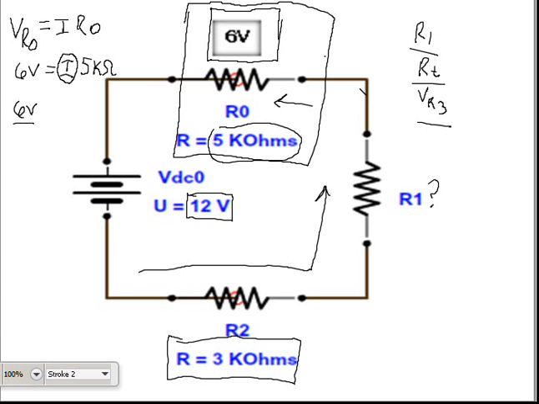Once again, according to Ohm's law, voltage over resistance is going to equal the current. So do the math, and what you're going to find is current is equal to 1.2 milliamps.